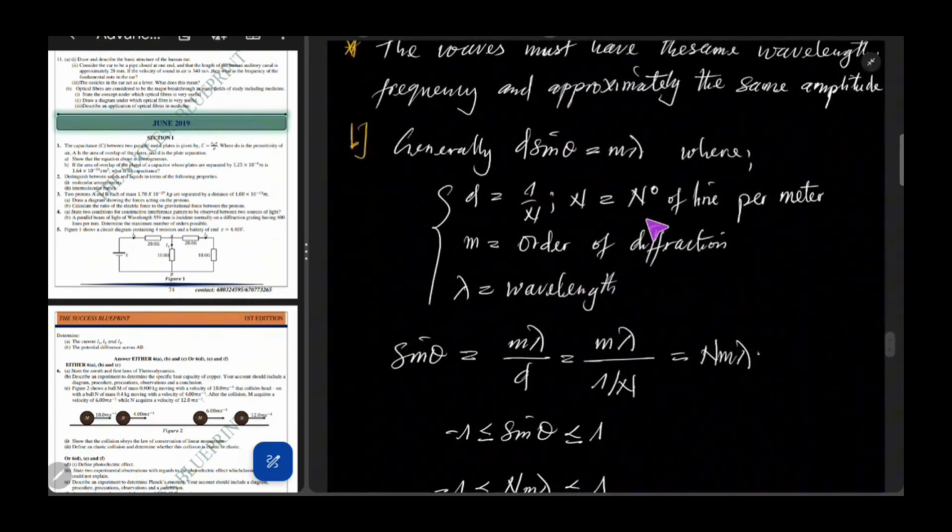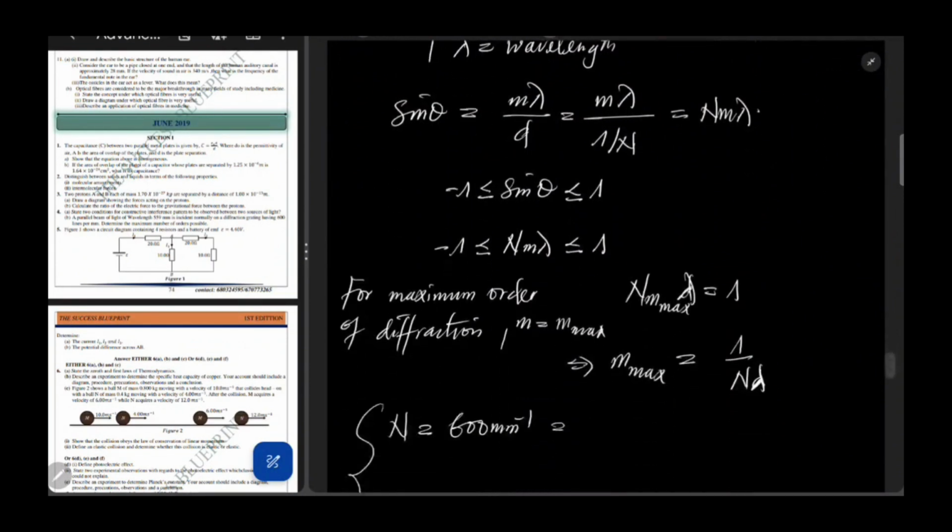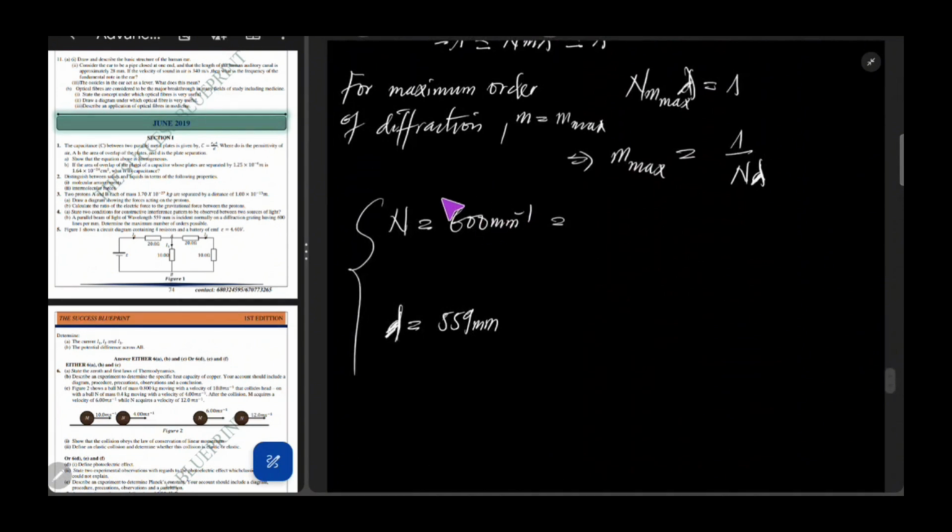Remember, the value of n is number of lines per meter. So converting to meters, we have 600 into 1 millimeter to the power -1, which is the same as 600 into 1 divided by 1000. To convert from millimeters to meters, we divide by 1000. So we have 1 over 1000 meter to the power -1.